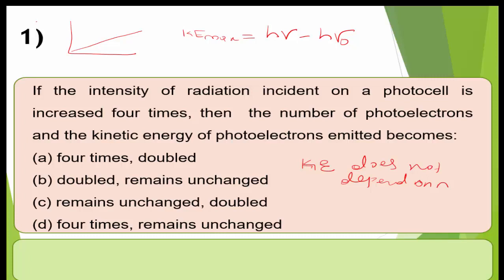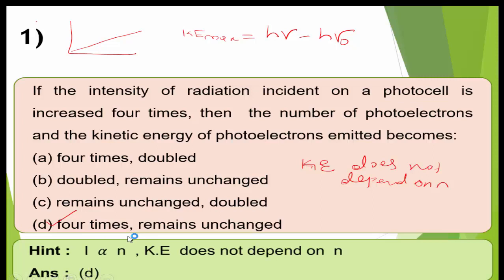If the intensity of the radiation incident on the photocell is increased 4 times, then the number of photoelectrons becomes 4 times but the kinetic energy of the photoelectrons remains unchanged. Here option D is the right answer. I is directly proportional to n and kinetic energy does not depend on n. Option D is the right answer.